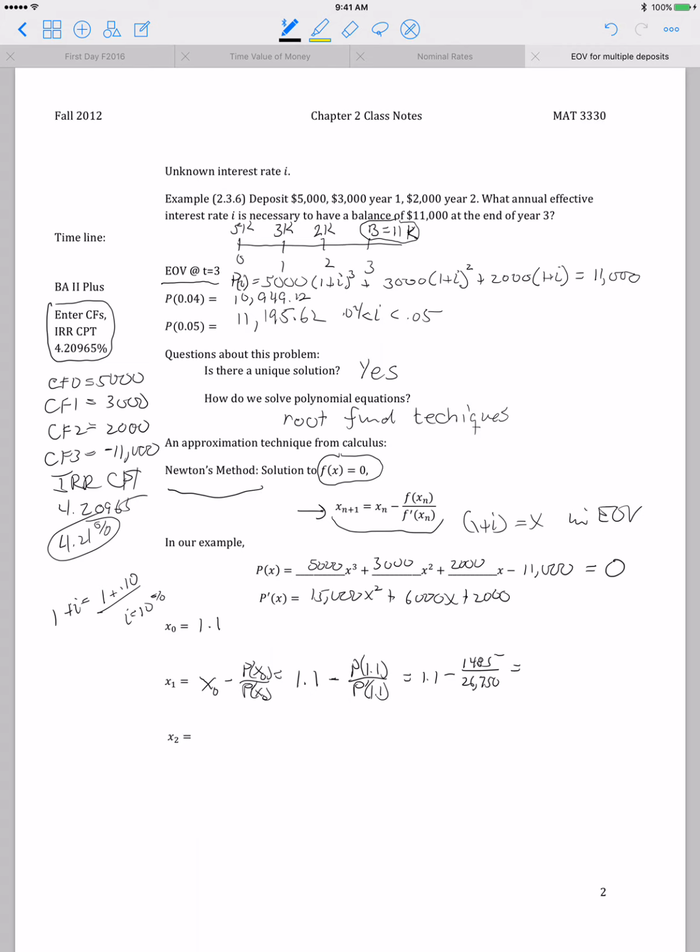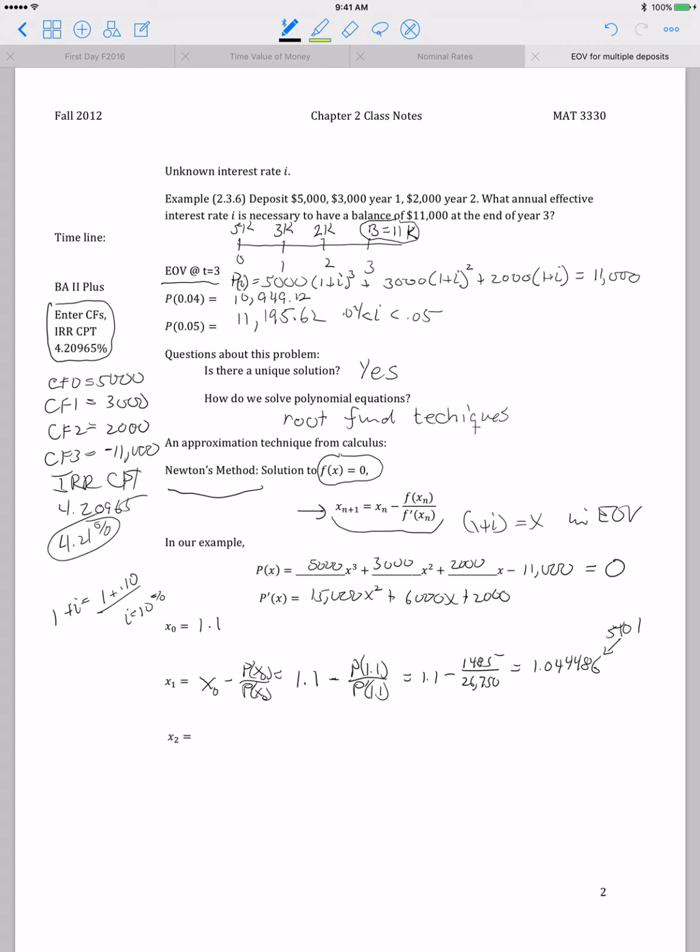And that gives me a second value, x1, of 1.044486. I then want to store this in my calculator in the first position. So you can hit your store key and your 1 key to store that answer.